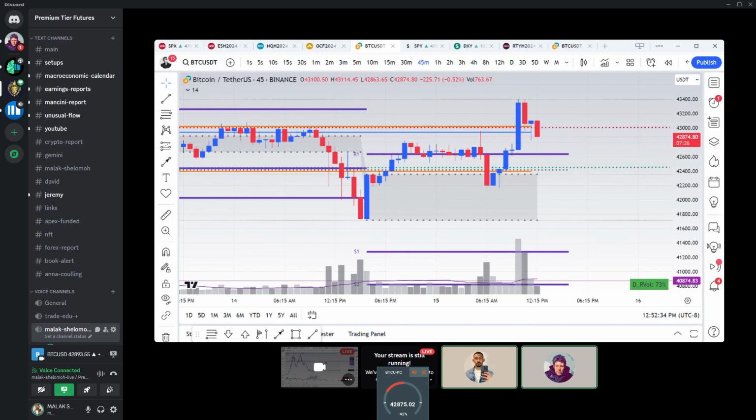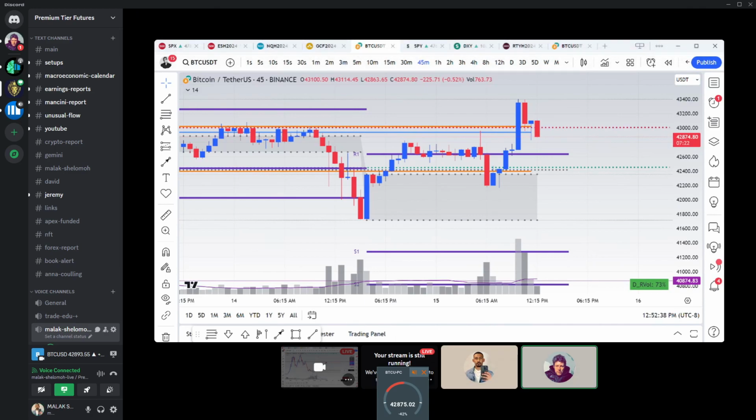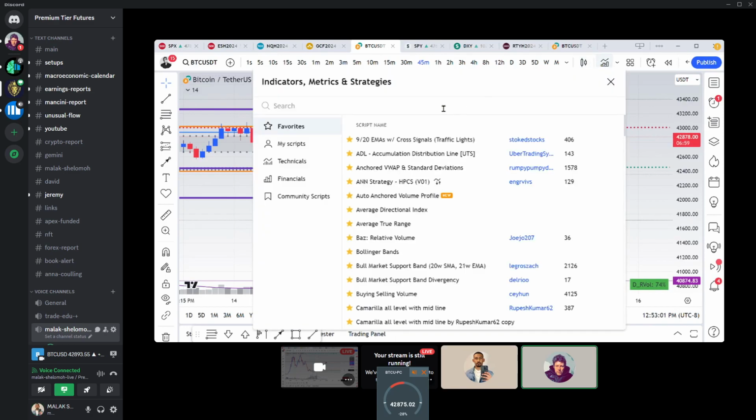Unless you have floor pivots turned on inside there, otherwise you're looking at Camarilla and I'm looking at floor. No, no, no, this is just the indicator's name, like when you're doing the search. Pivot Boss is one word, and then Pivots and Camarilla, and it's by Nanda86. Okay, that's the one I'm using. Let's see if I can find that.